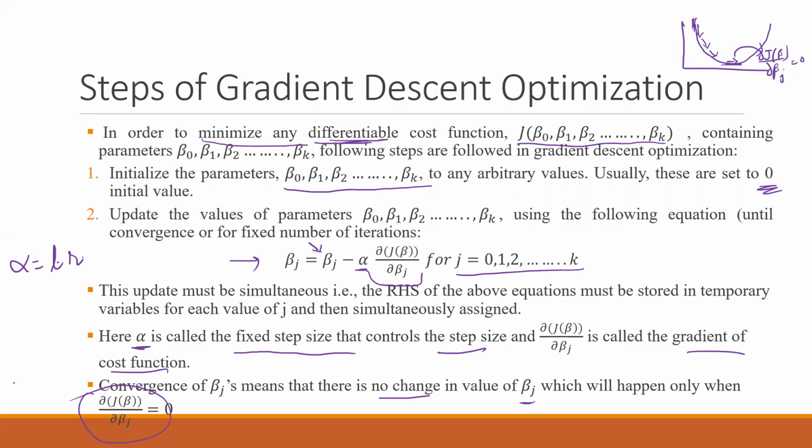Then you update the equation we discussed, let's say equation 1, based on the formula. We stop updating when delta J(beta) upon delta beta j is equal to 0. When the slope becomes 0, it means we have reached the flat plateau where my gradient is not changing.